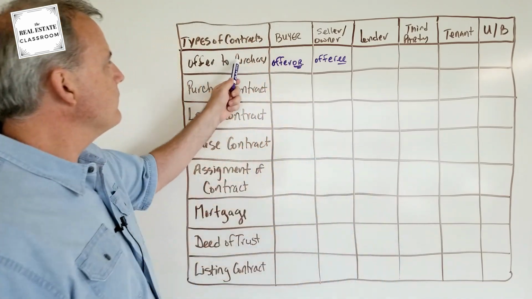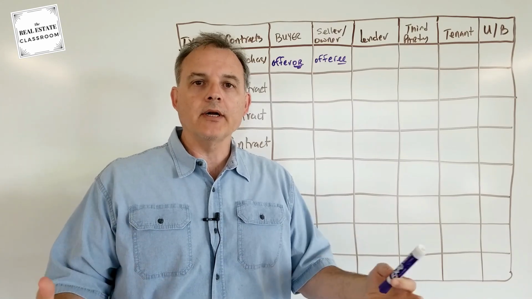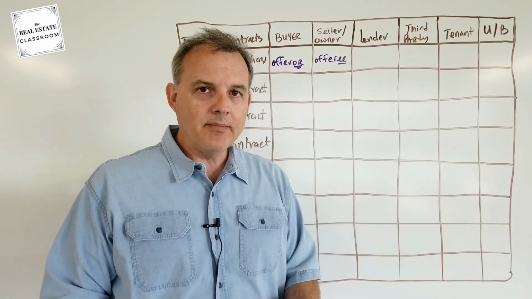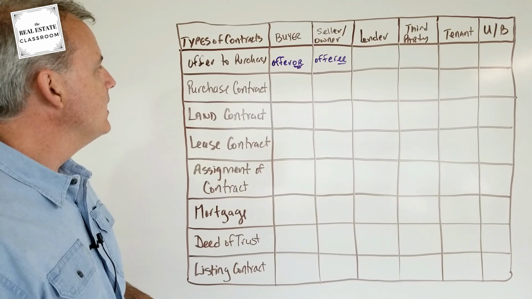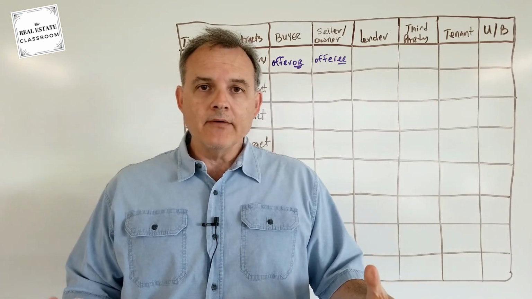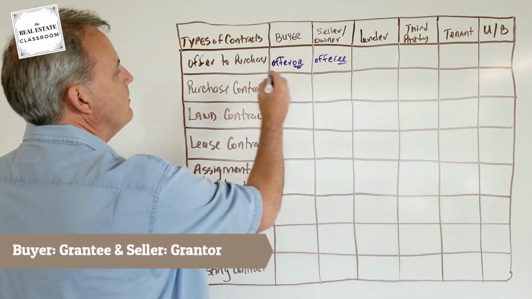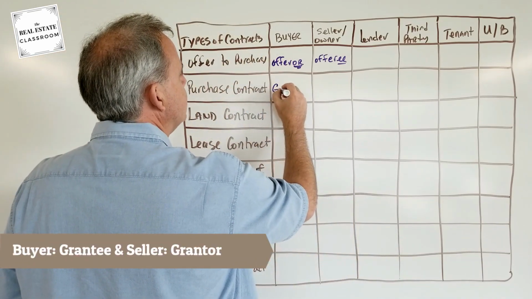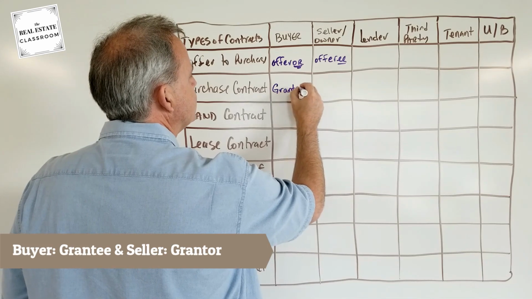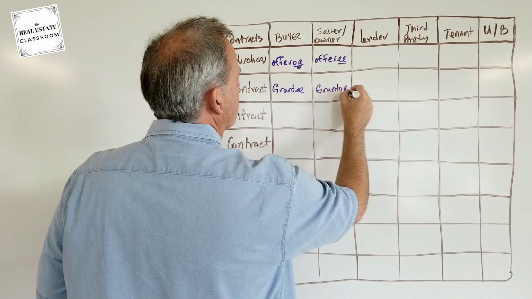Now, once the offer to purchase has been agreed to, meaning all the parties, the buyer and the seller, have signed it, it becomes a purchase contract, and the purchase contract becomes legally enforceable on everybody, so we got to give them legal names, all right? So the buyer becomes the grantee, G-R-A-N-T-E-E, and the seller becomes the grantor.